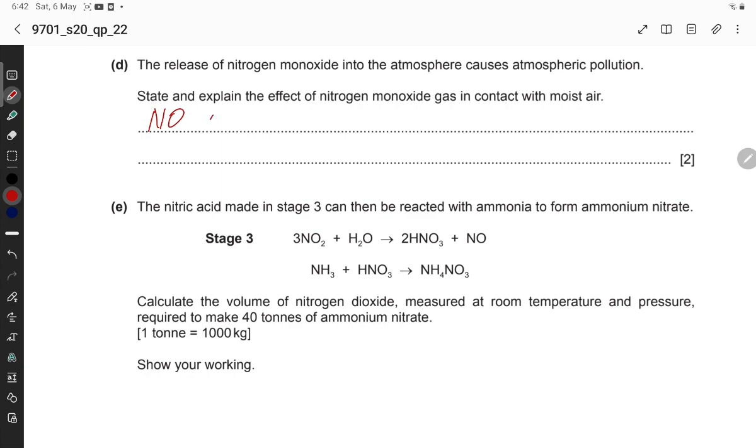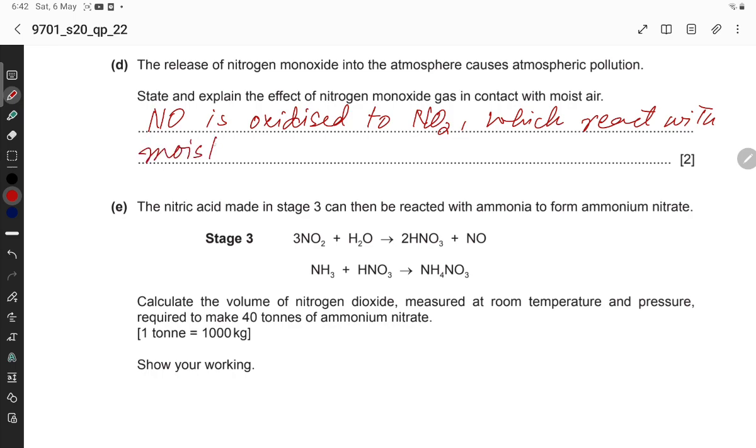Nitrogen monoxide is oxidized to nitrogen dioxide, which reacts with rainwater and moist air to form nitric acid, which causes acid rain.